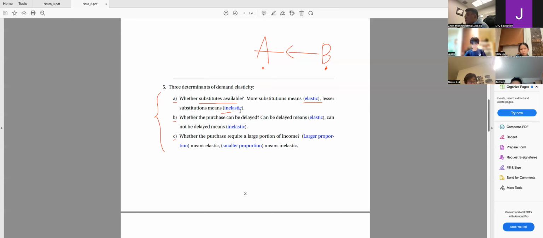So that means the demand curve is inelastic. Your demand curve for iPhone is inelastic. Okay, this is the first factor: depends on your personal idea, whether or not there are some substitution goods available.